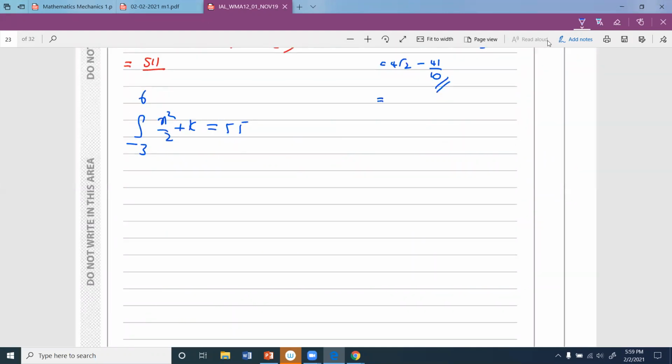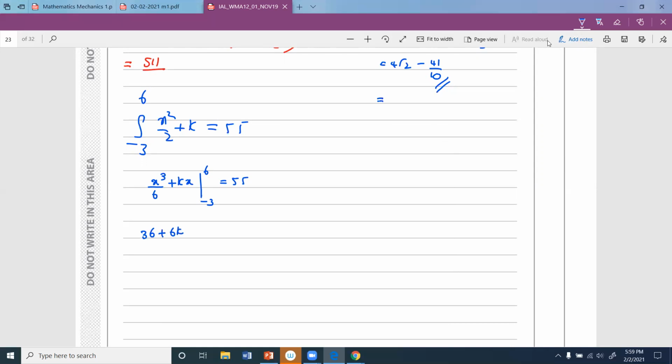Right. Okay. If you integrate it, you get x cube over 2 into 3 is 6, plus k, k is just a constant, from minus 3 to 6 equals 55. Then if you put in 6 cube over 6, that is 36, plus 6k.